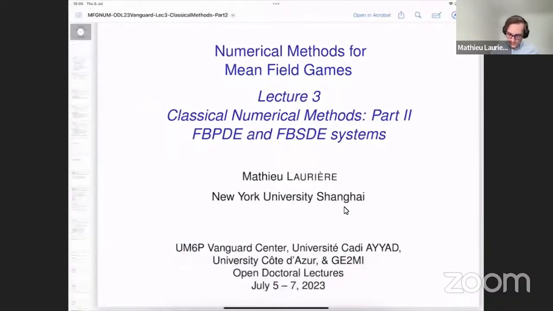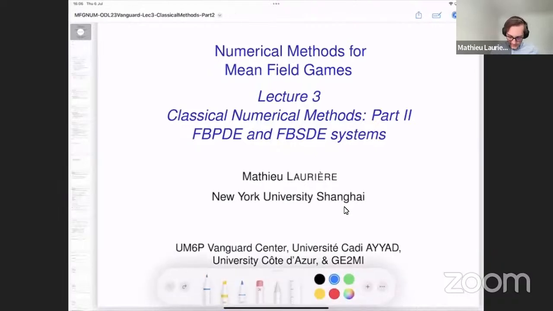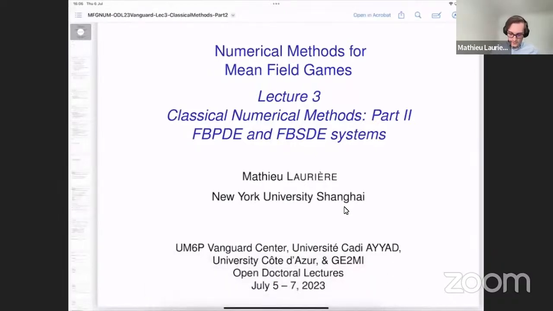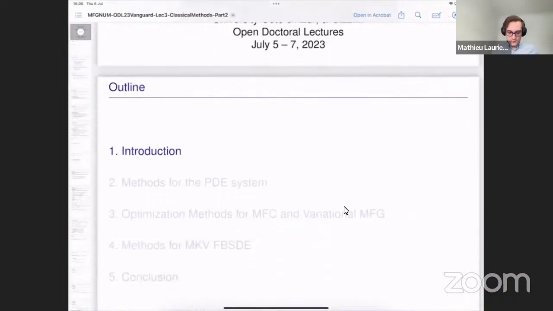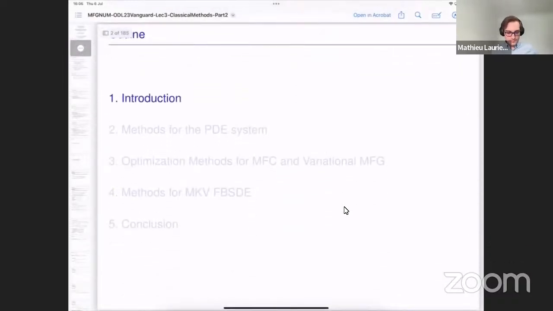So again, you can find the slides on my webpage, and you can also, based on the slides, download some codes that are provided just for the sake of illustration. I will describe that during the lecture. So I will start with an introduction just to recap the background information we need before discussing numerical methods for the PDE system.